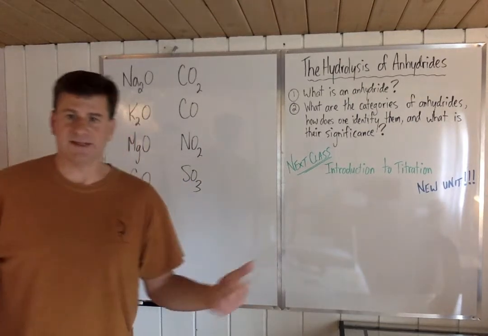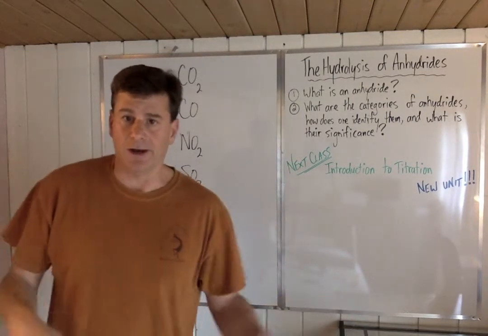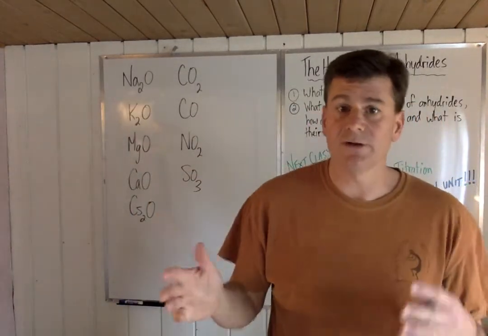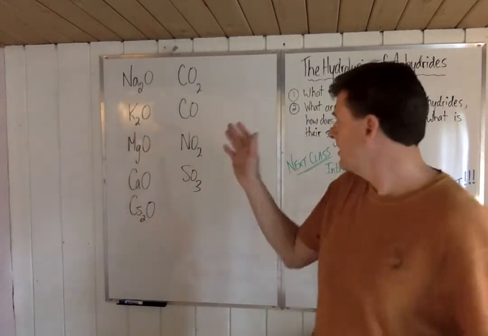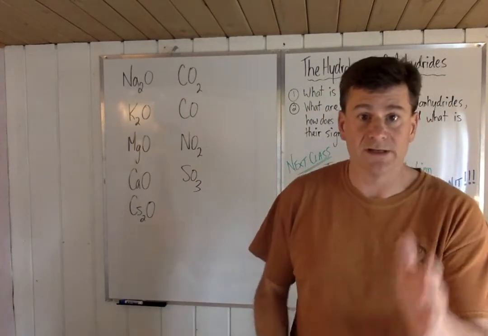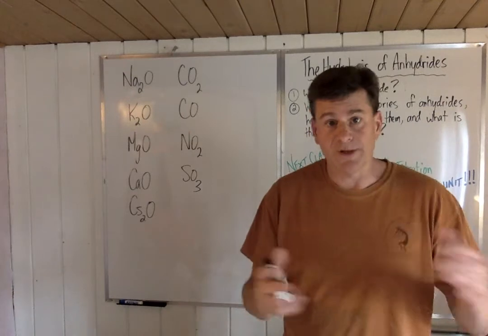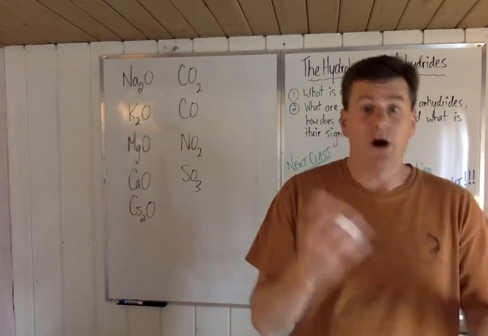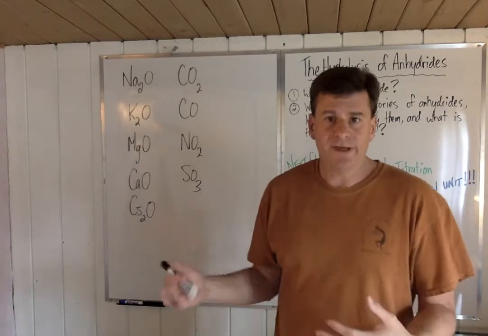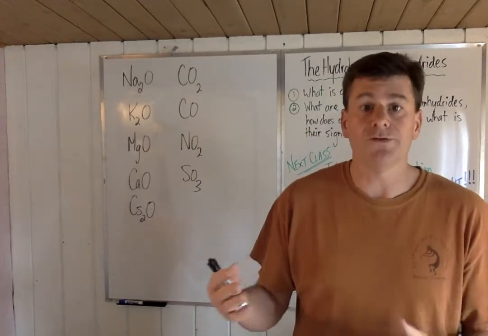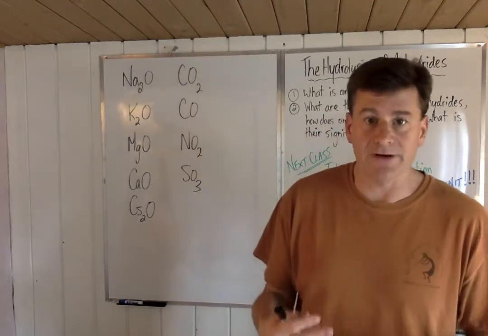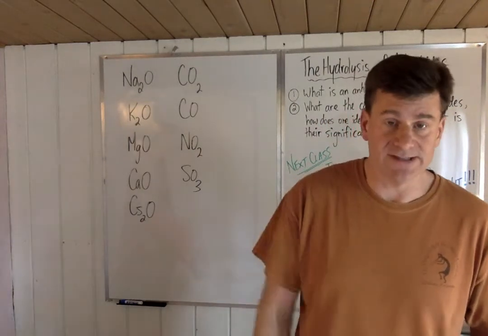And I mean, the list can go on and on. You'll notice that every single one of those things that I wrote down, regardless of what I put on the left-hand side, they ended in oxygen. And even their name was something oxide, carbon dioxide, magnesium oxide. So you end up with an oxide. And all of these things can result from removing water from a different compound, and thus they are anhydrides.